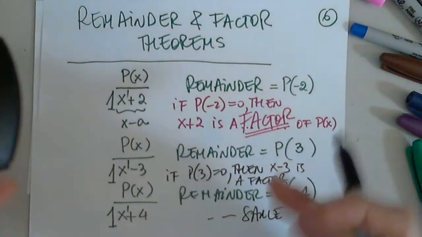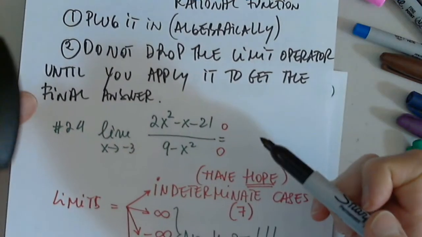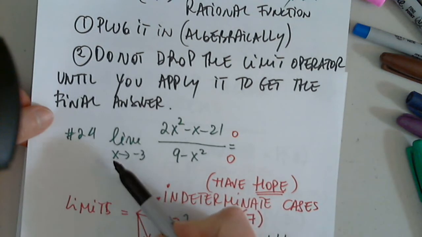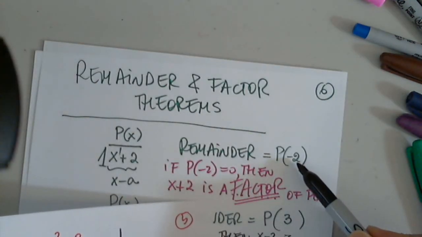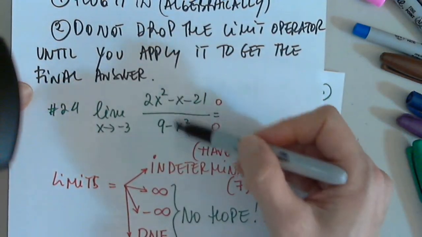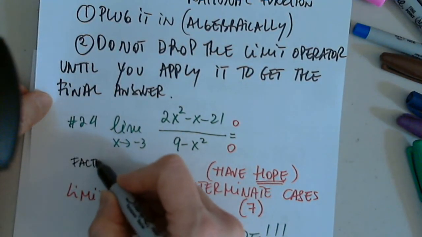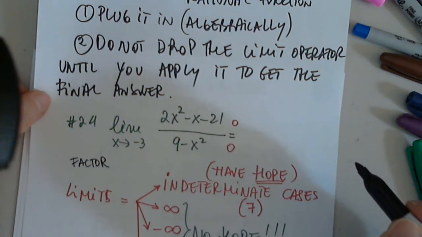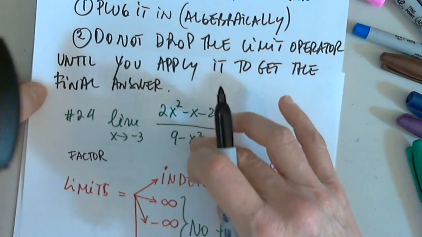Okay, what's all this? I spent 10 minutes on it. Why is this so important? Here's why. So if I plugged in -3, and I got 0 for both of them, what is the factor that I have to try to get rid of, from the numerator as well as from the denominator?